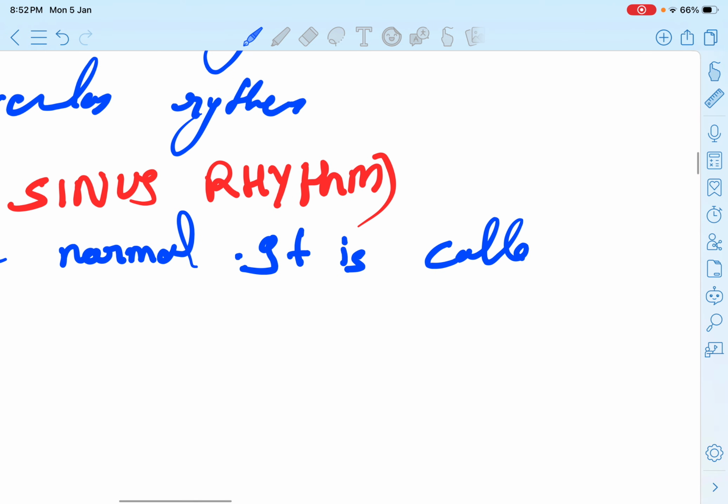We will notice what the patient's condition is. Bradycardia means the heart rate is less than 60 beats per minute. Tachycardia means the heartbeat is more than 100.